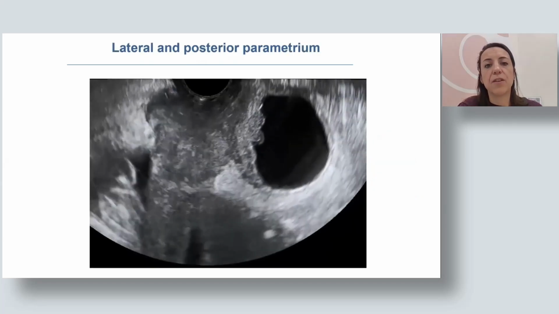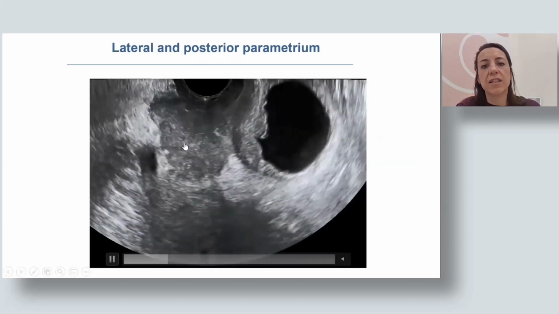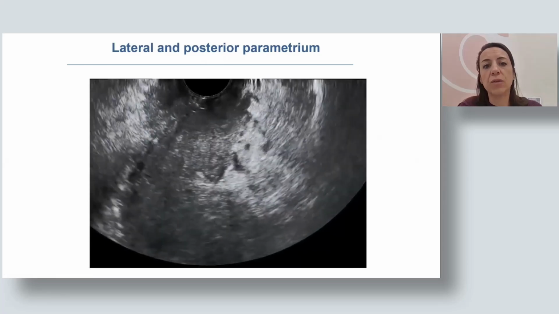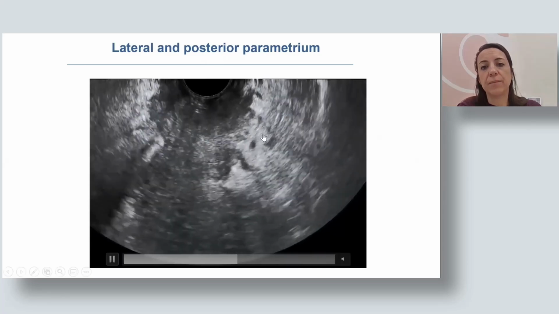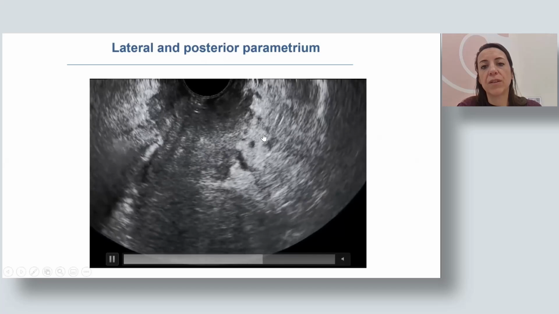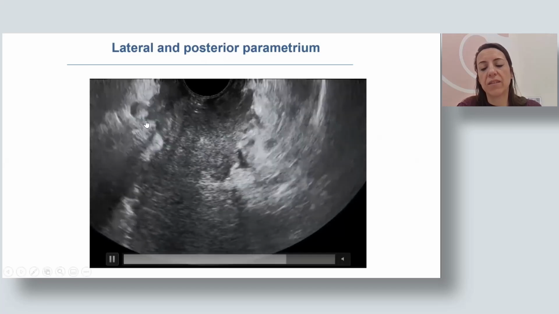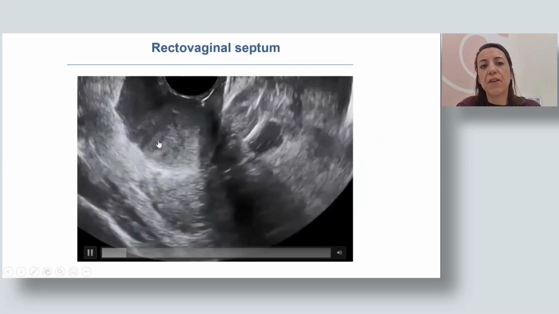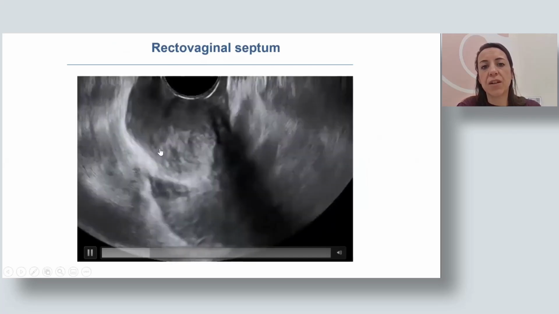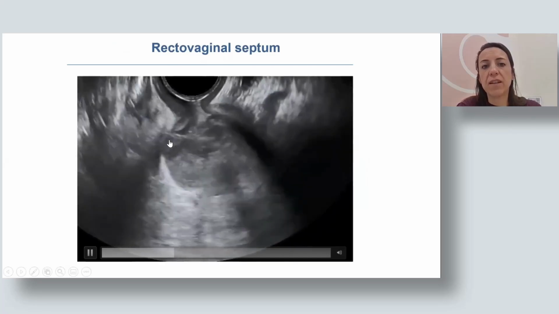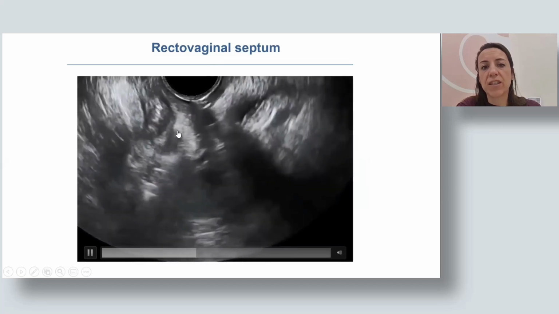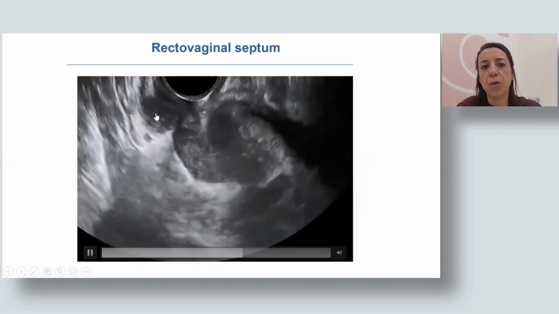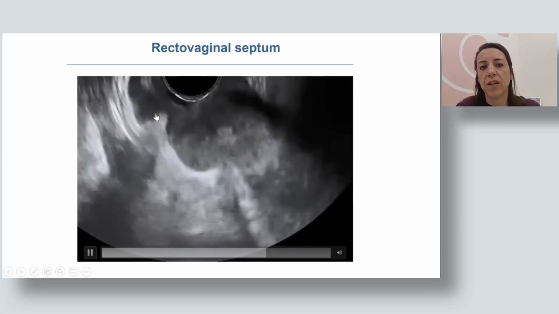This is another video showing a large cervical tumor infiltrating the bladder and also the parametrium on the left and also on the right side. This is another video showing a large cervical tumor infiltrating the rectovaginal septum. This is the rectum, this is the vaginal wall, and this is the tumor infiltrating the rectovaginal septum.